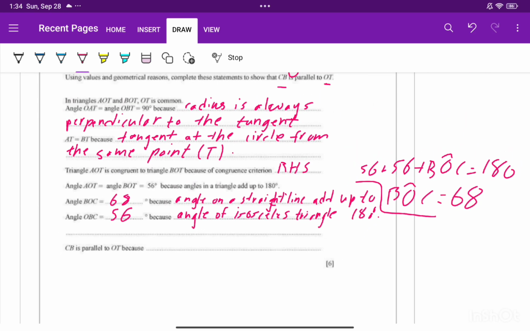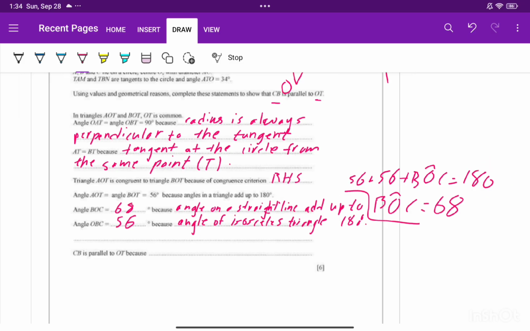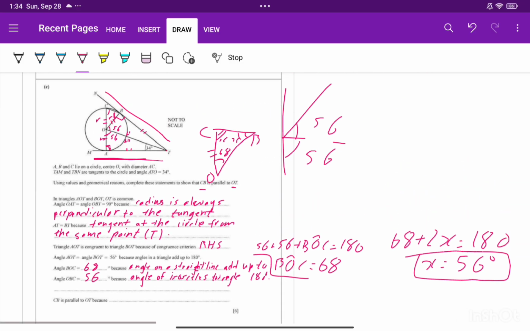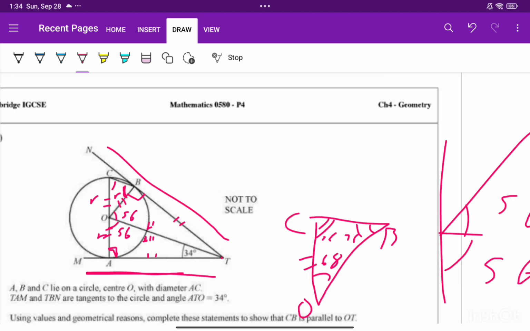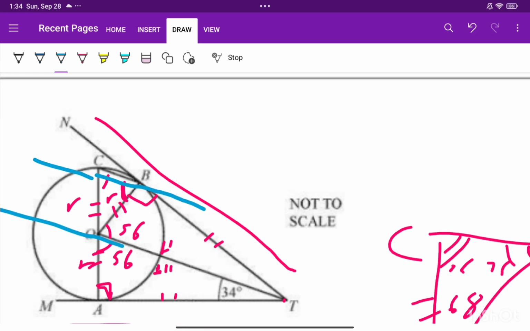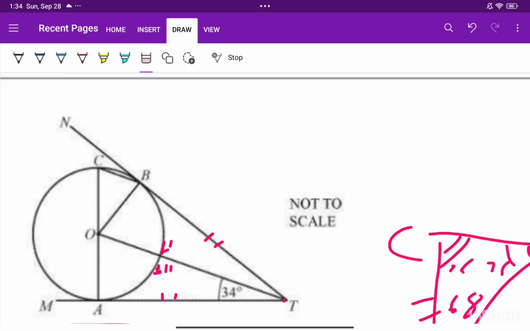Now why is CB parallel to OT? So let me first note this. We know this is 56, and we found that this is also 56.